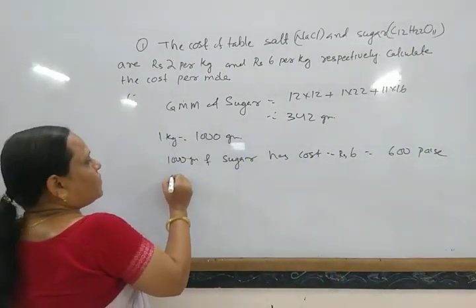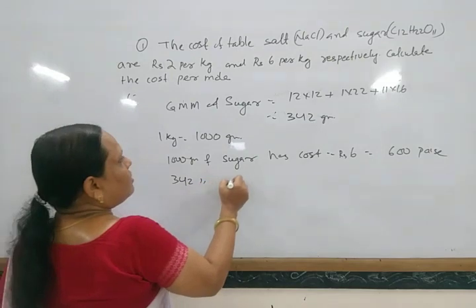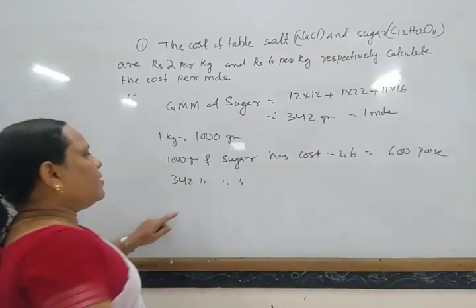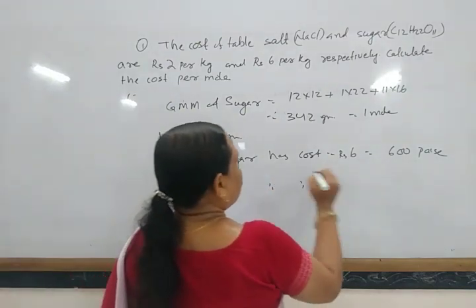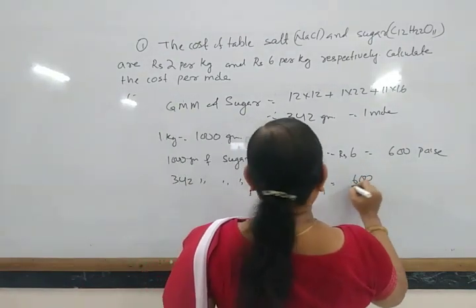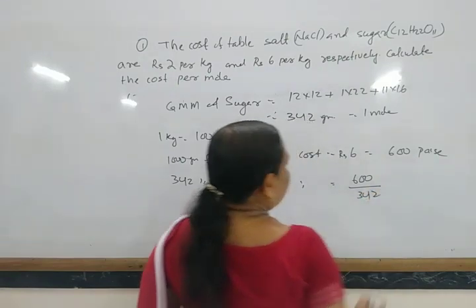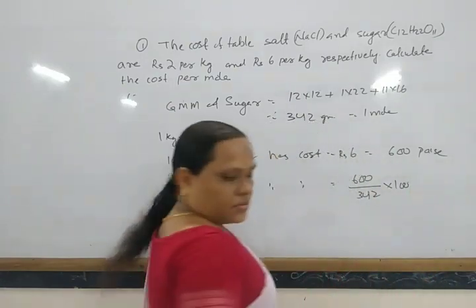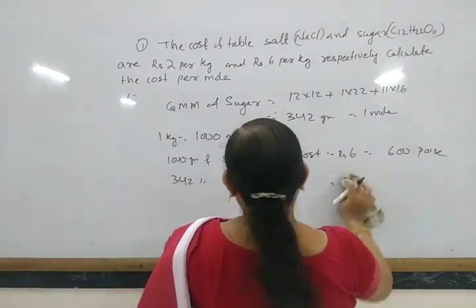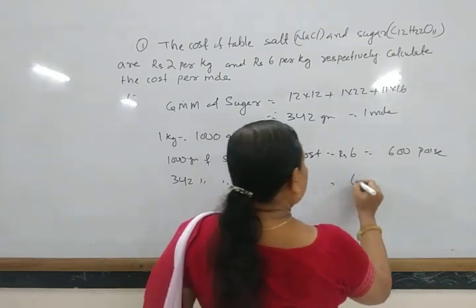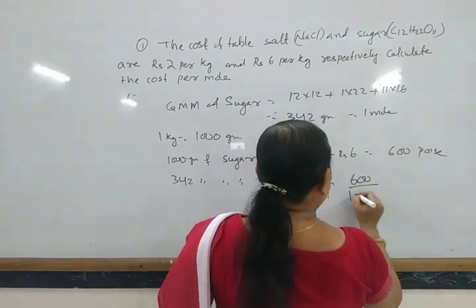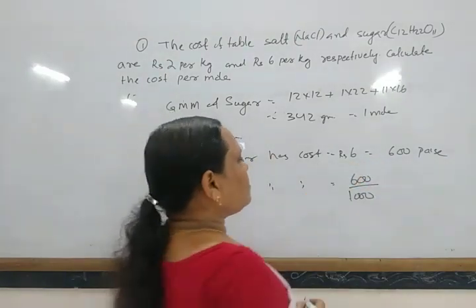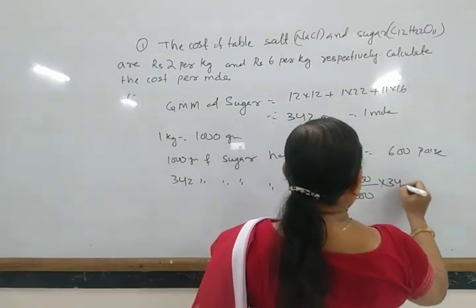Then 342 gram of sugar, because that is equal to 1 mole, costs 600 by 1000 into 342.